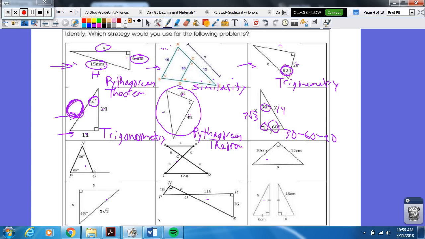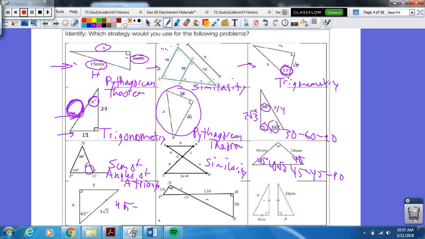Alright, this one, you just need to know the sum of the angles of a triangle. That one's a little different. What'd you get for this one? Similarity, that's what I got. What'd you get for this one? Oh, 45, 45, 90. Yeah, you recognize that? That's 10 radical 2 right there. 45 here, 45 here. How about here? Oh, another 45, 45, 90.